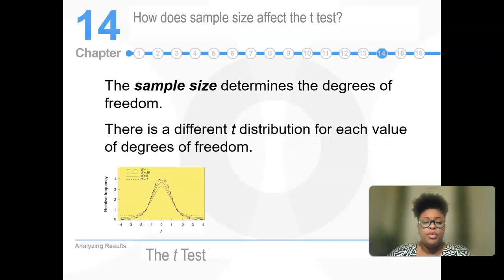So let's talk a little bit more about the sample size. Your sample size determines the degrees of freedom. So remember, I said the n minus 1 will give us our degrees of freedom. There is a different distribution for each value of degrees of freedom, which you can see listed here on this chart.